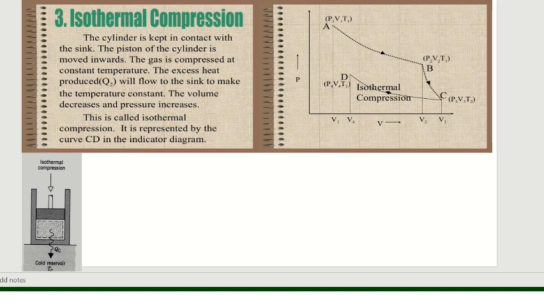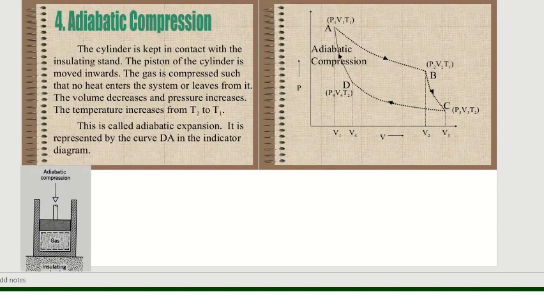Next, the last operation is adiabatic compression. This is the last step of the cyclic process. Now we have to remove the cylinder from the sink and place it again on the insulating stand. Here in this picture you can see that the cylinder is placed on an insulating stand.